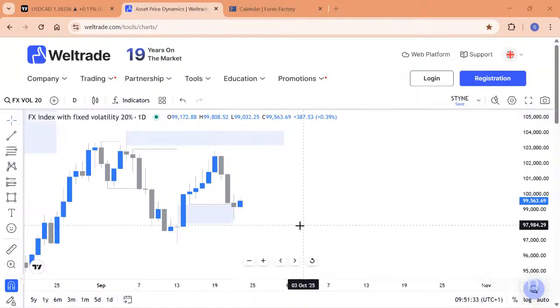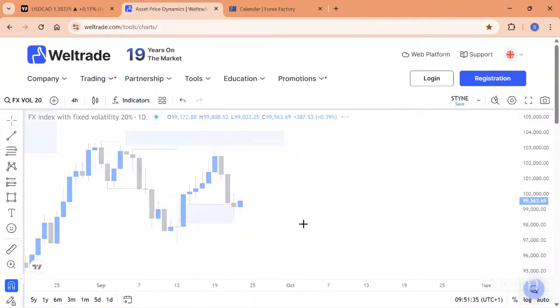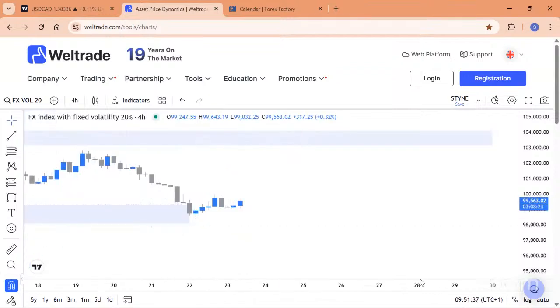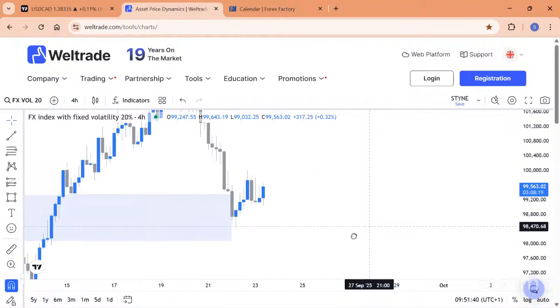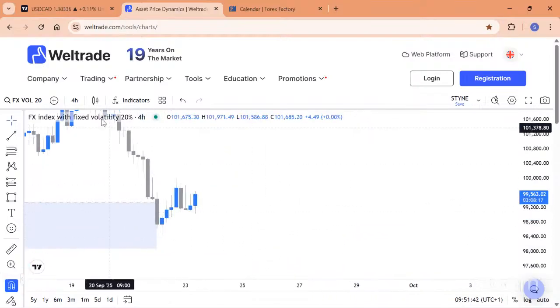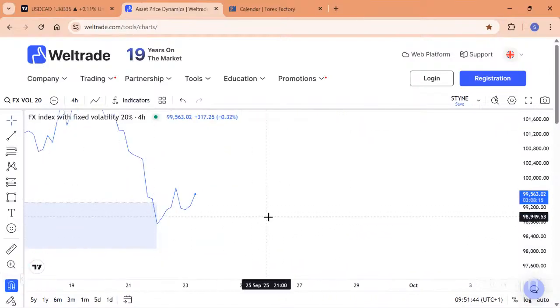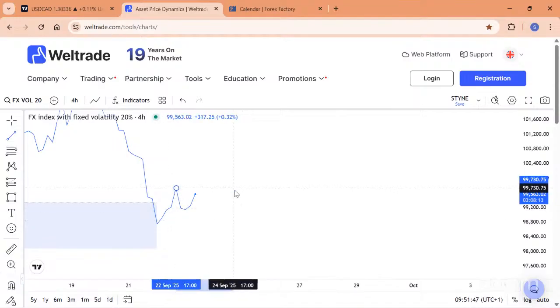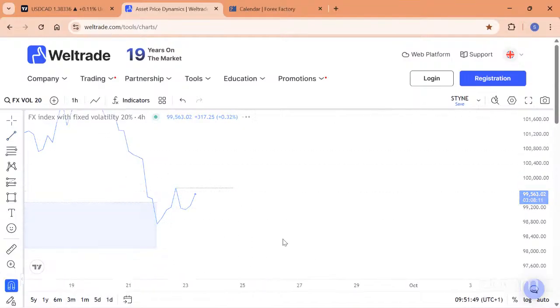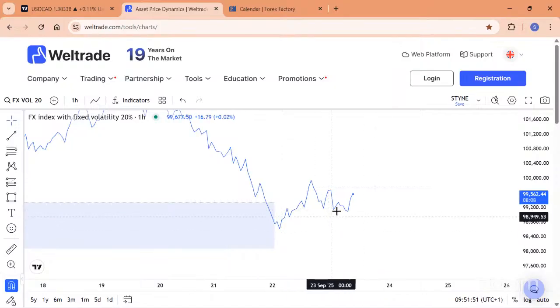So on the 4 hours time frame, we are trying to break this high. What I want to see now, see the line chart, see what it looks like on the line chart. When we officially break this high, maybe 1 hour should be showing us a sweep and break, and here we already have a sweep. What we just want now is a break.